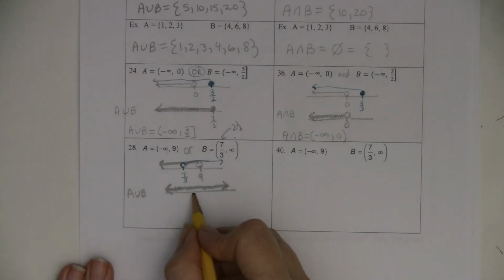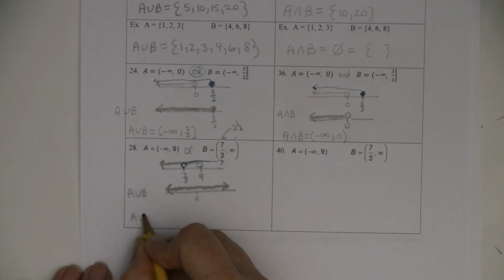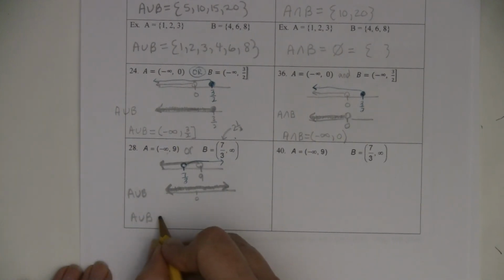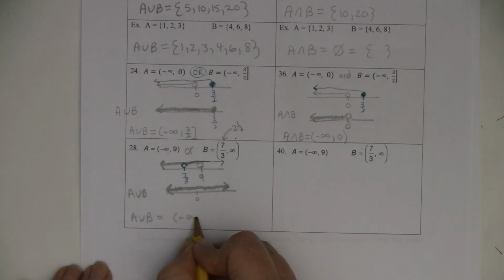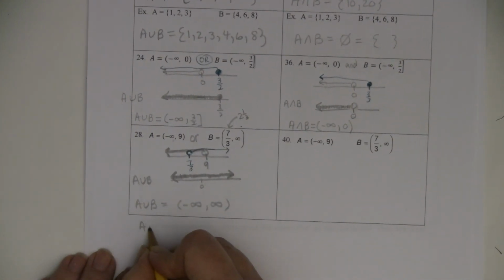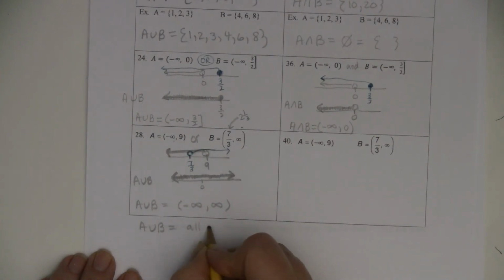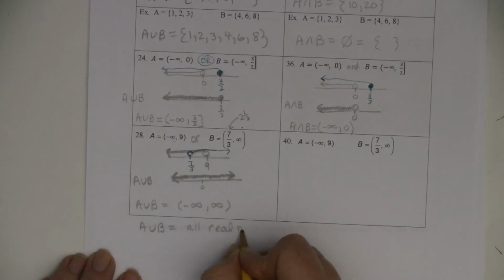Here, I'll put some numbers on the number line. Here's 0 on my number line. 7 over 3 and 9 and 0 are no more special than anything. Everything is a solution. A union B goes from negative infinity to positive infinity. Another way of writing that is A union B is all real numbers.